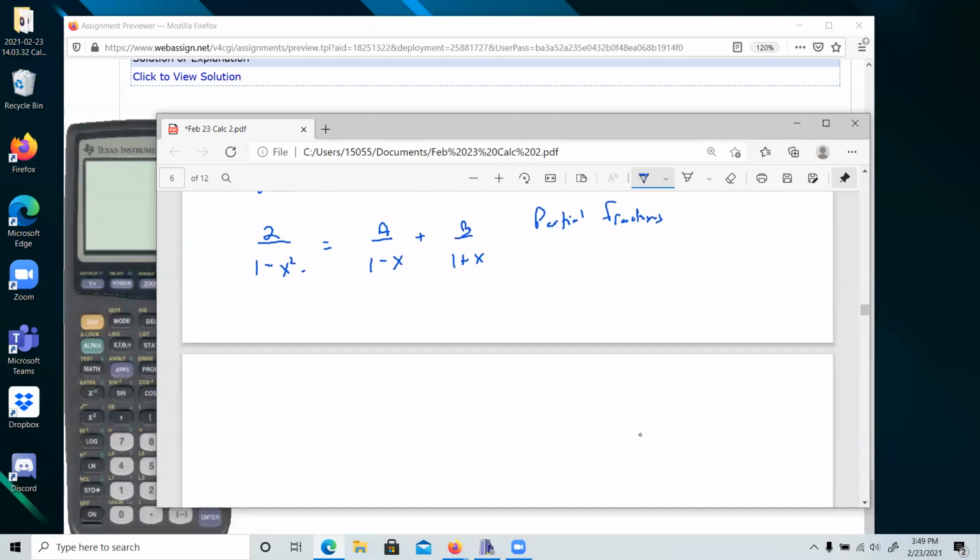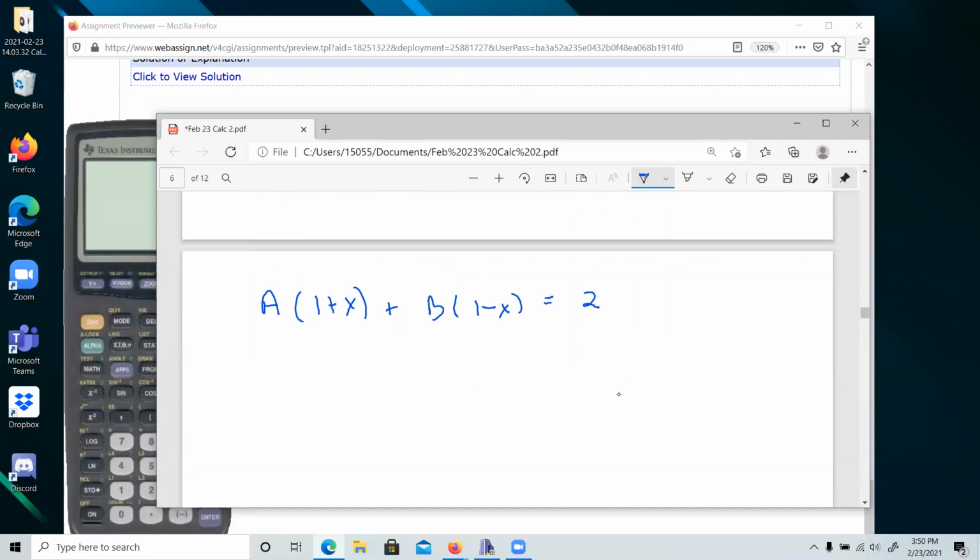So here we're going to say that a(1 plus x) plus b(1 minus x) is equal to the numerator over here. So my x coefficients, we have a, right, is ax. We're going to have a minus b. How many x coefficients do we have over here? None of them. And we're going to look at our constant coefficients, right? We have a plus b.